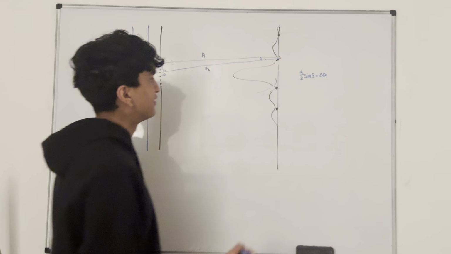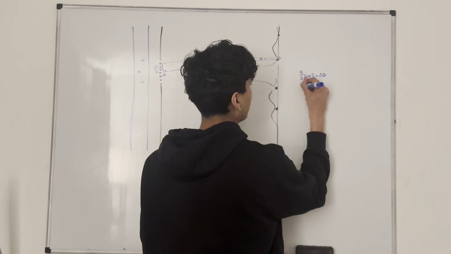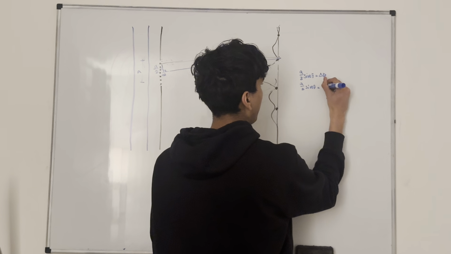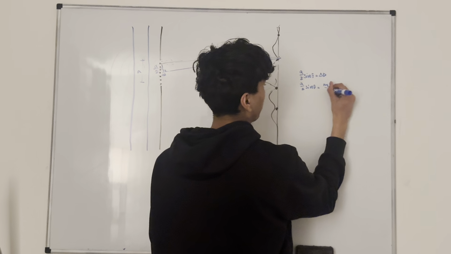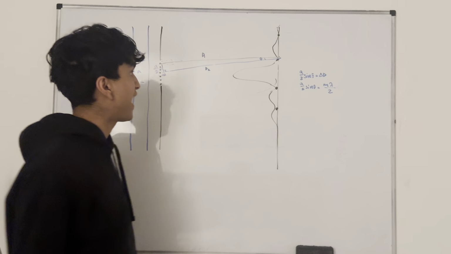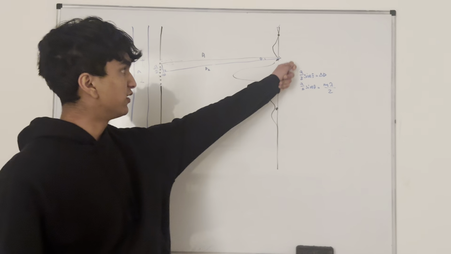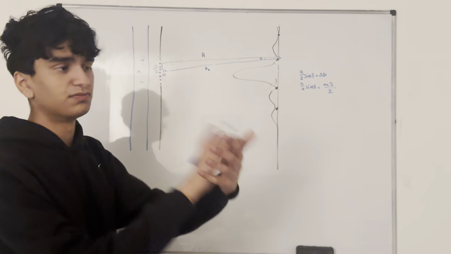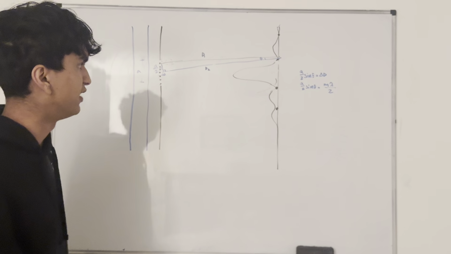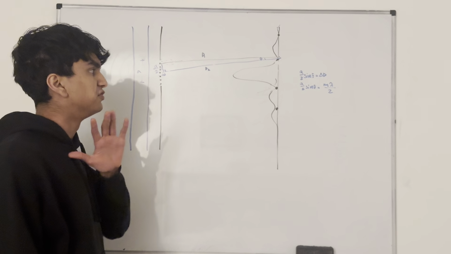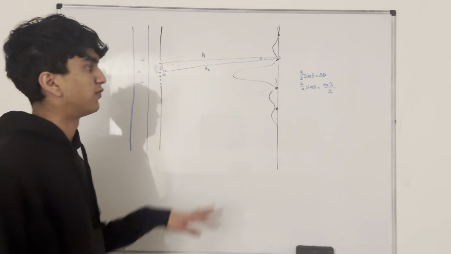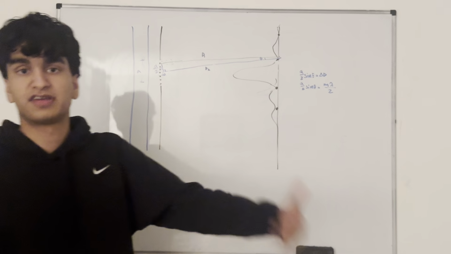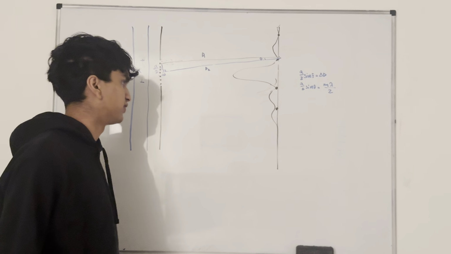And in this case, A over 2 sine theta has to be equal to some multiple of m, or I guess lambda over 2. Because in order to have destructive interference, out of phase, when you start in phase, because everything's hitting the slit simultaneously, you need this in phase, out of phase path difference.